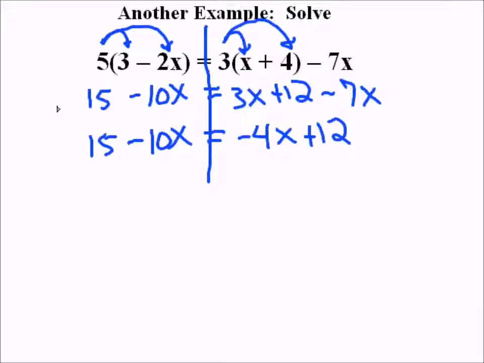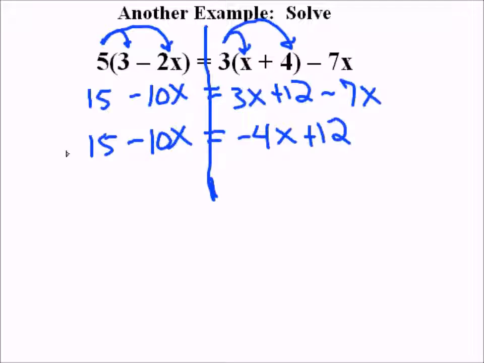So, what we're going to do now is get the x's off one of the sides. Now, looking at it, I would again remove the least amount of x's. So I have a negative 10x and I have a negative 4x. Which one's smaller? The answer is that negative 10x.